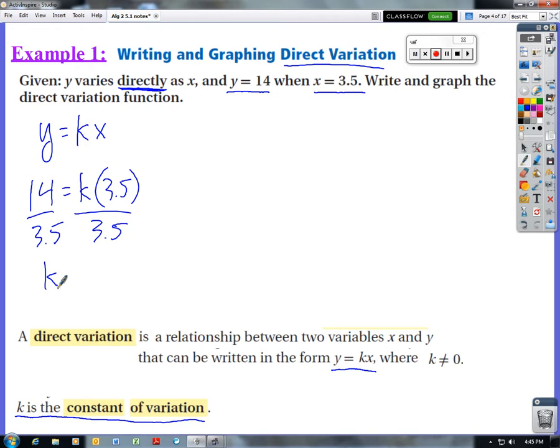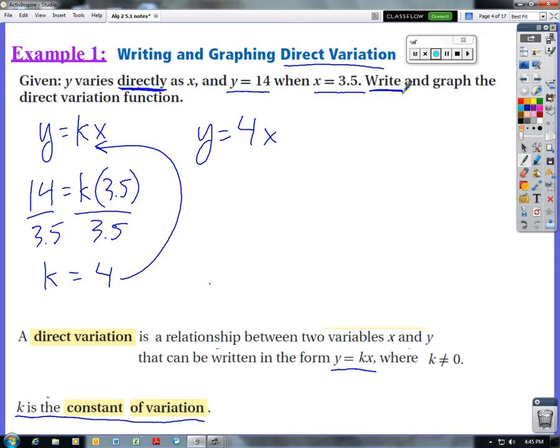And k is going to be equal to 4. 14 divided by 3.5 is 4. So we found our constant of variation, so we're going to plug it back into our original equation, and we'll get y equals 4x, because k is 4. So it wanted us to write it, and we did that.